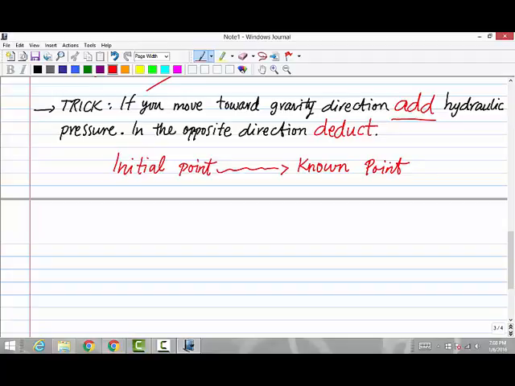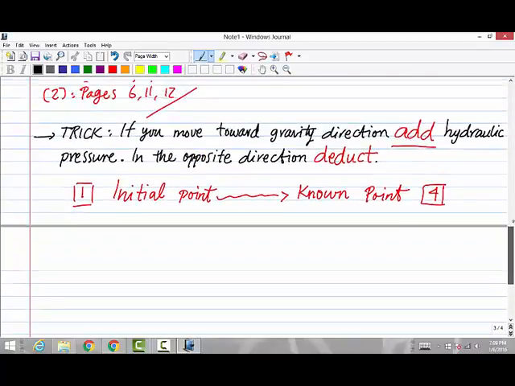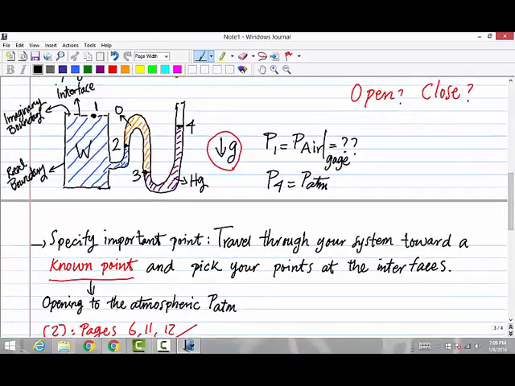So the initial point is point 1, and the last one was point 4. That's it. Let's write it. So the initial pressure was here. Where is it? P1, then P2, P3, and 4.